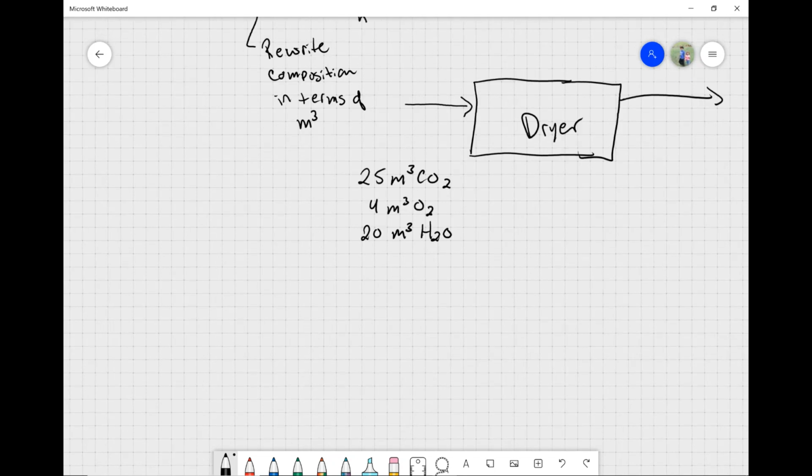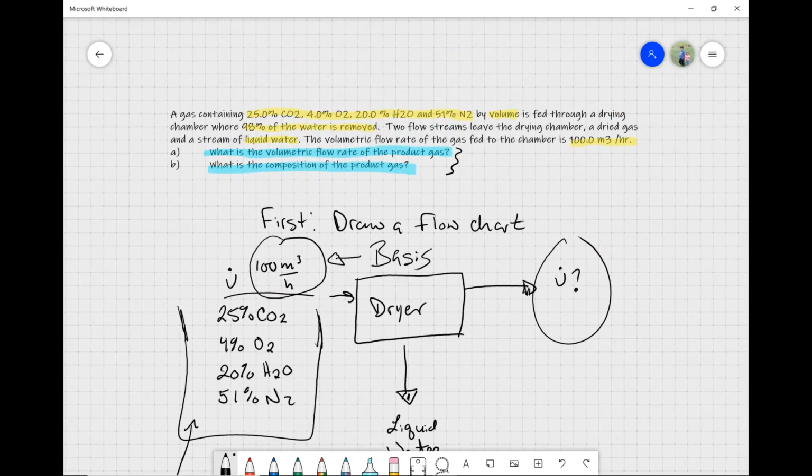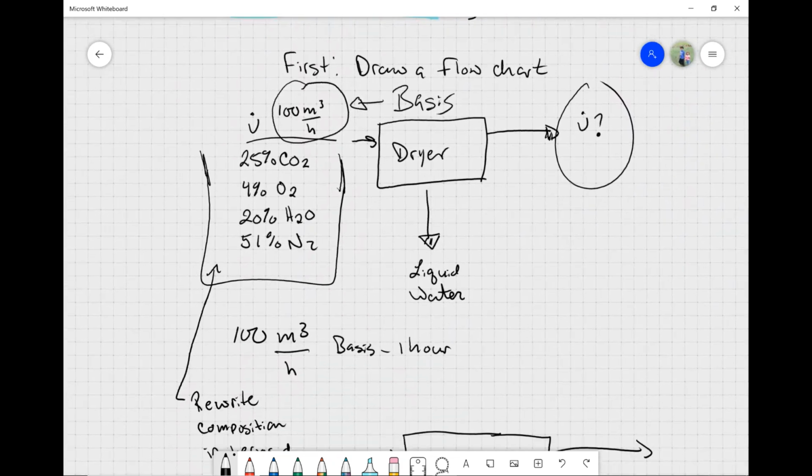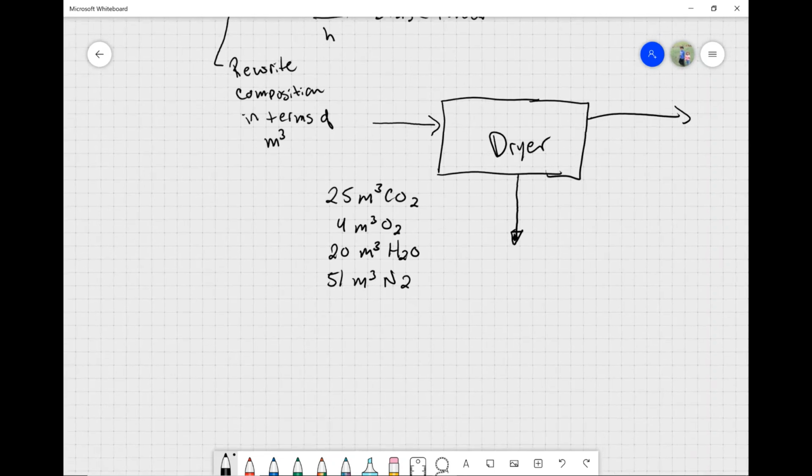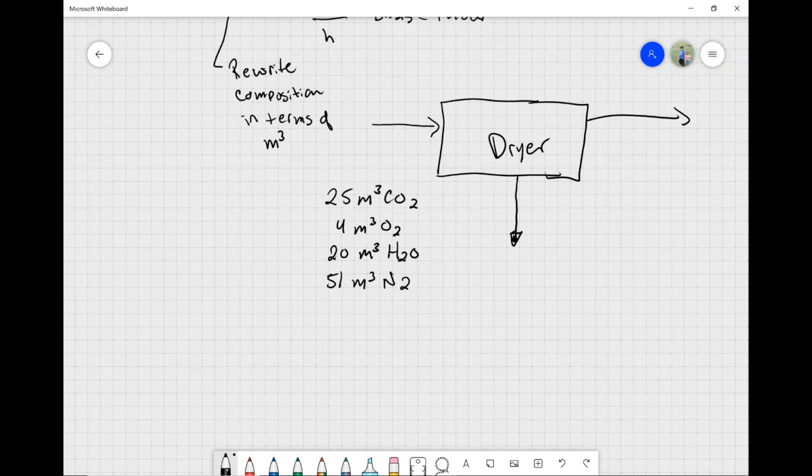It told us that 98% of the water is removed, so 98% of this ends up here. It's kind of a mini water balance. I can't say this is the volumetric flow rate of this stream, because this is a gas in the output stream.